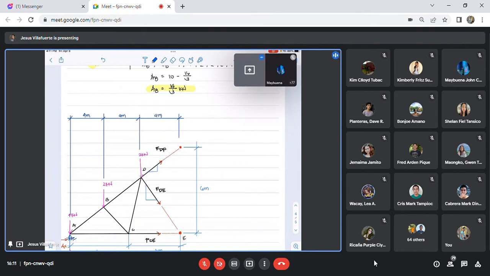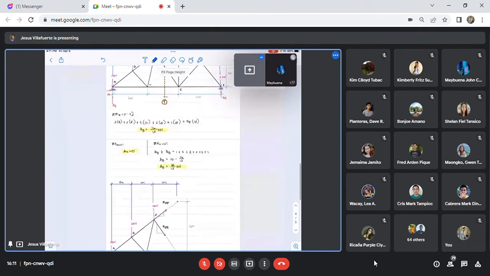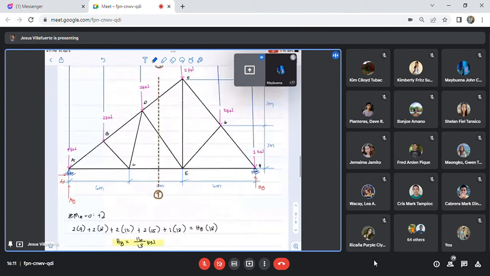So muna let's have the angles. So what is the angle for this one? So what is the overall height? So let's use the triangle AFE. The big triangle AFE. So what is the total height? That is 6 meters. Yes, sir. The total length is 12.